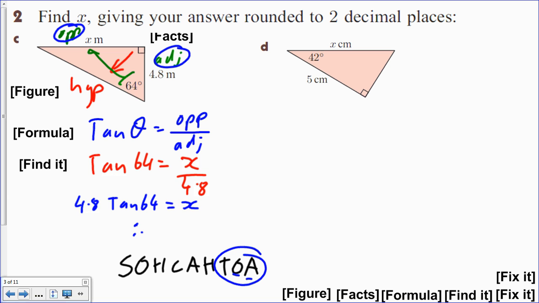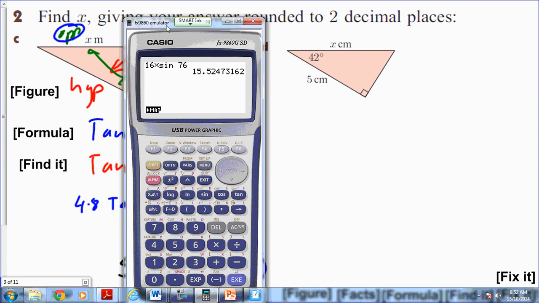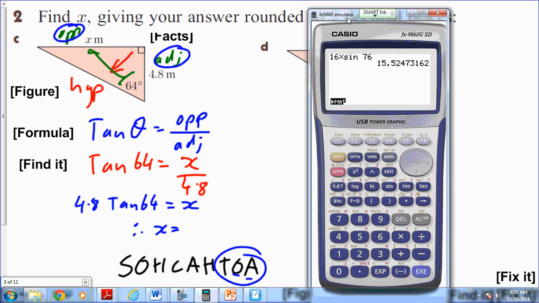So therefore x equals, and again I need my calculator. If you don't have a calculator, get one. You need a calculator for this section. There is no way that you're going to remember every single sine or cosine or tangent function. So 4.8 tan 64 equals 9.84. So we can write that in here, 9.84.